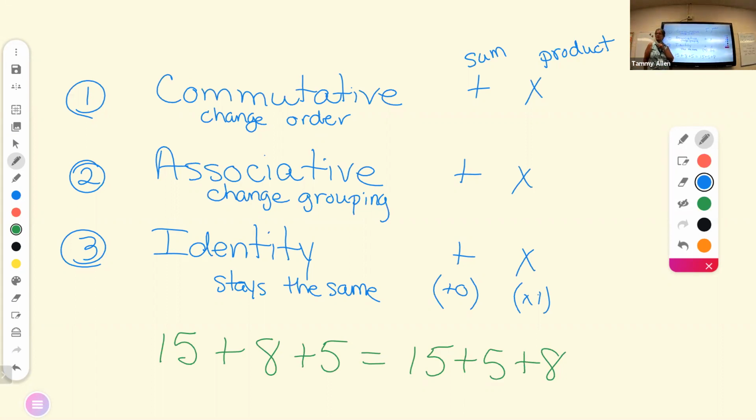I've got some 1s, lots of 1s, got a couple 2s. It indeed is the commutative because all I did was change the 8 and the 5 around. I changed the order. Okay? You pretty good with this? Does that bring it back to you pretty good?